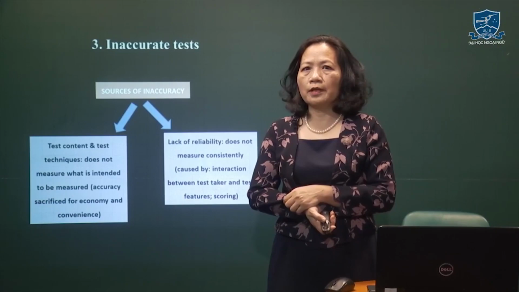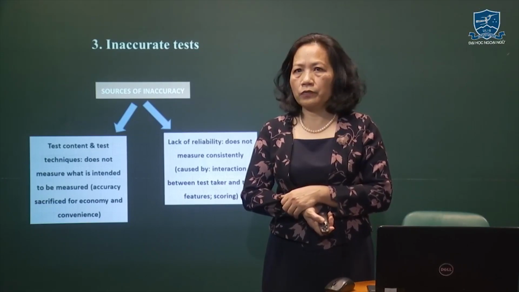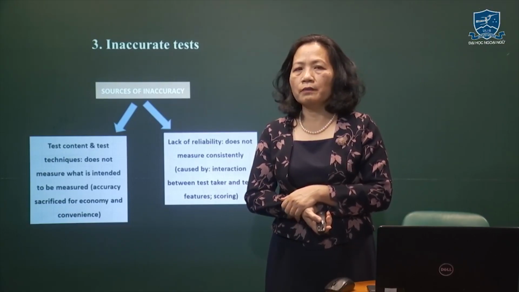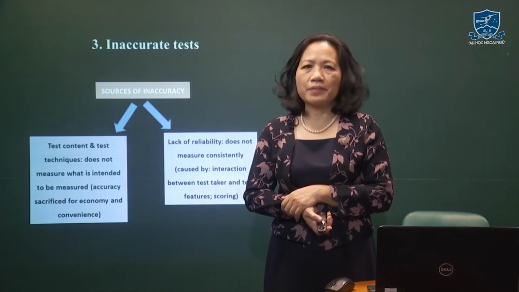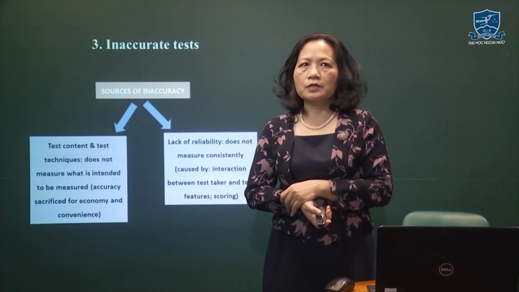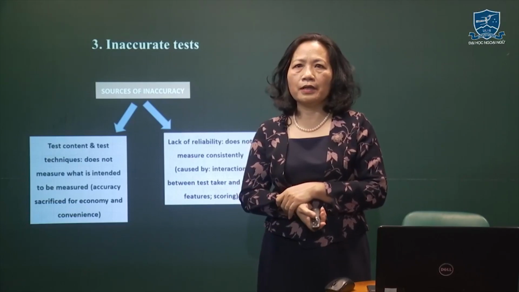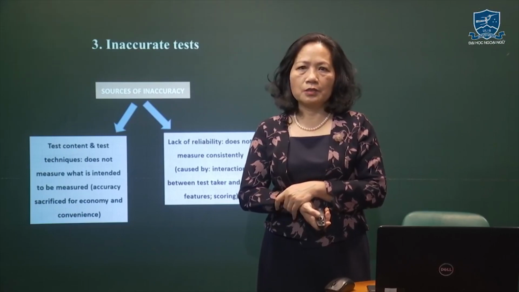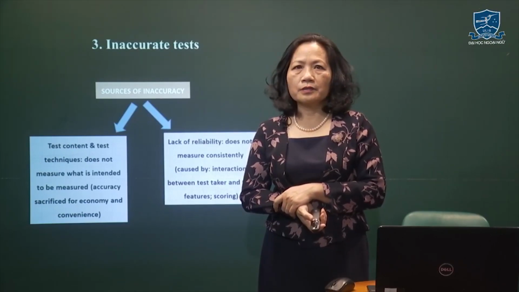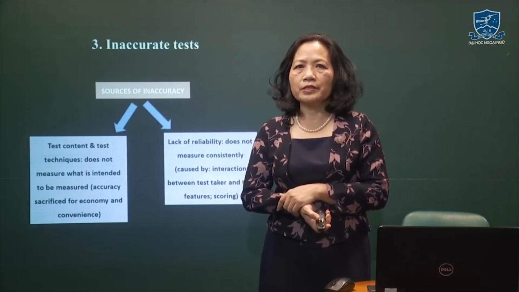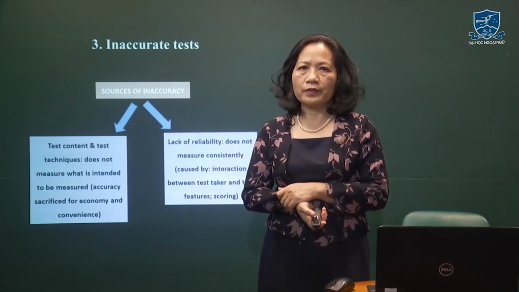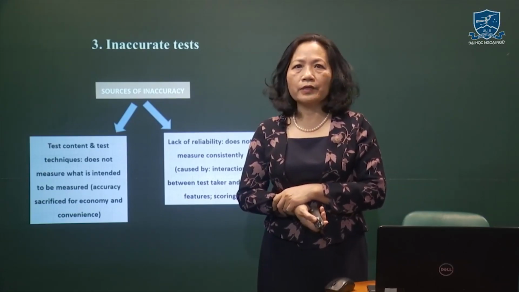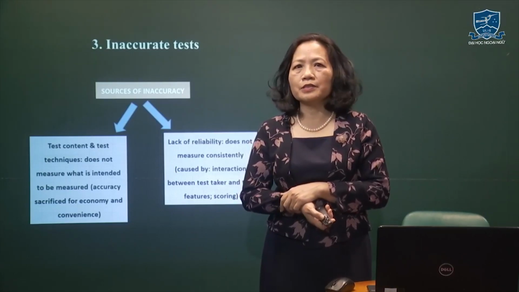Scoring is sometimes inaccurate because a lot of subjectivity is involved, or because of some errors, or because the answer keys are not clear enough. So there is more than one acceptable answer to the question. So then we say there's some unreliability in scoring of the test answers. Then we have inaccurate information about students' ability.